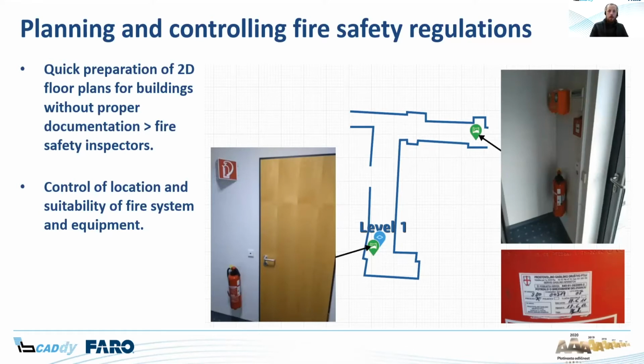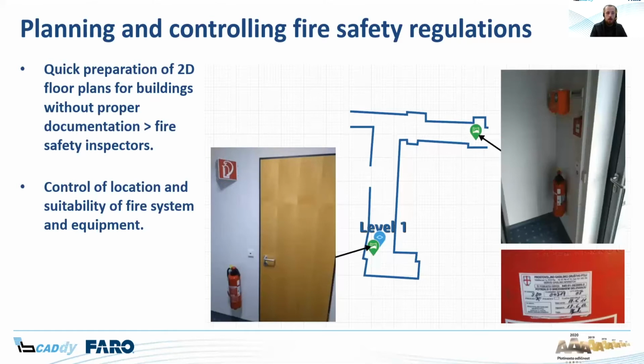Also, there is a really good application for planning and controlling fire safety regulations for fire safety inspectors. Basically, you can quickly prepare 2D floor plans for a building, maybe without proper documentation, for escape routes.